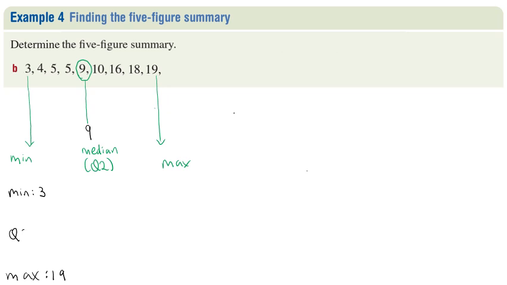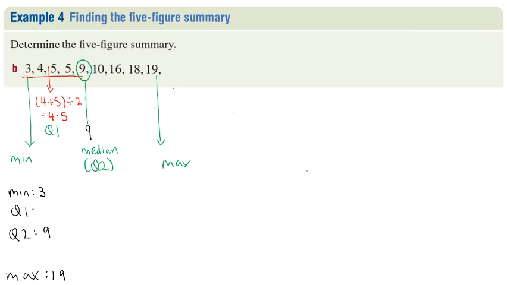So Q2 is 9. Okay, now I need to find the median of the lower numbers here. So that's like the middle of these lower numbers, which is in between the 4 and the 5. So 4 plus 5 divided by 2 equals 4.5. That is Q1.